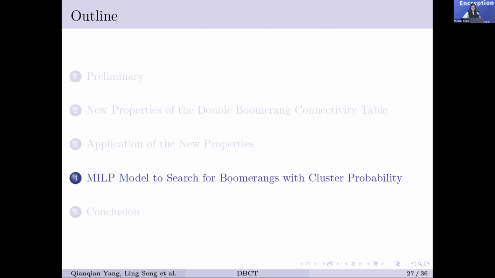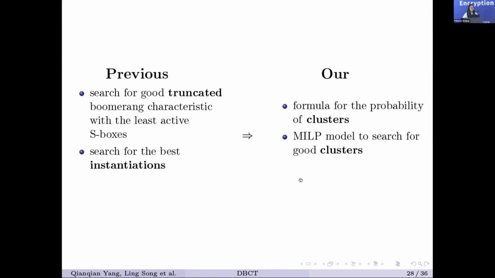Then I'll give the MILP model to search for the Boomerang with the cluster probability briefly. In the previous works, there are always two steps to search for the Boomerang distinguisher. Step one is to search for a good truncated Boomerang characteristic with the least active S-boxes.